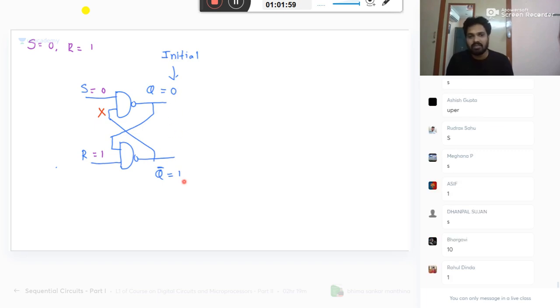I don't care about the previous value. 0 into anything is 0, whole bar is 1. Now this 1 will come, because it is 1, it is an inverter. 1 bar will come here as 0, or 1 into 1 is 1, whole bar is 0. Same gates, simple connection changes. See how it is helping us. So please understand, don't care means what? It can be anything, initially 0, 1 or 1, 0. Don't worry about it. It will always give you 1, 0.